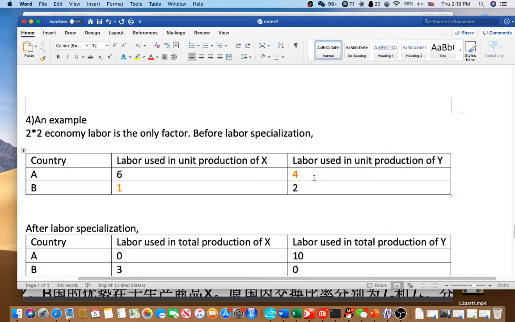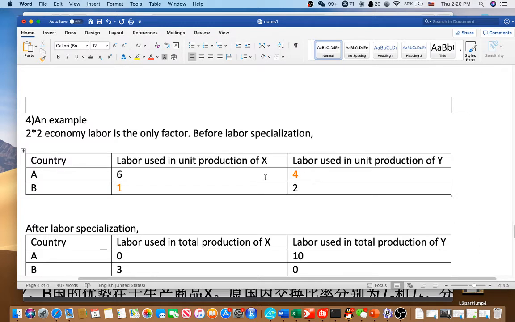Similarly, for B, the production of Y relative to X is 2, which is 1/2 in terms of Y, and is greater than 6/4.